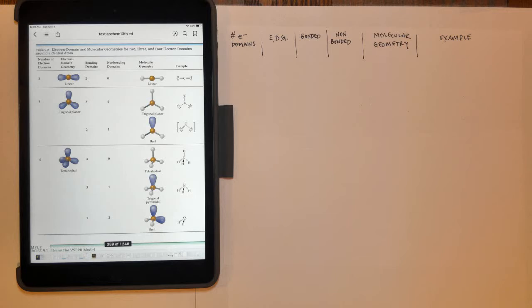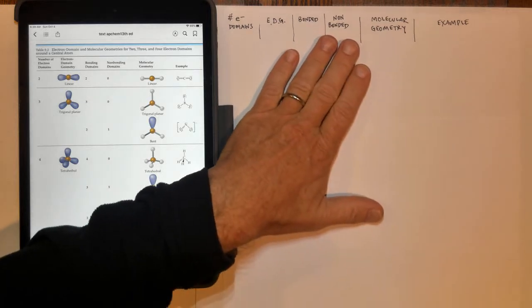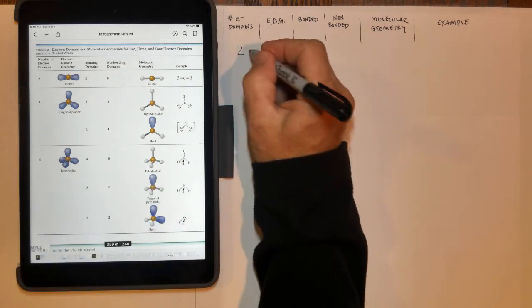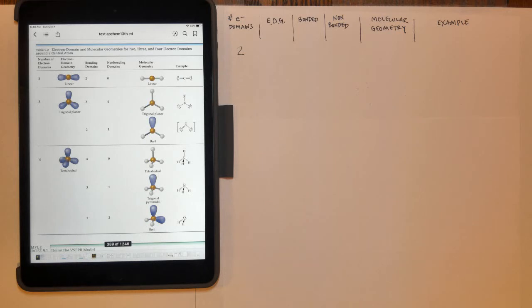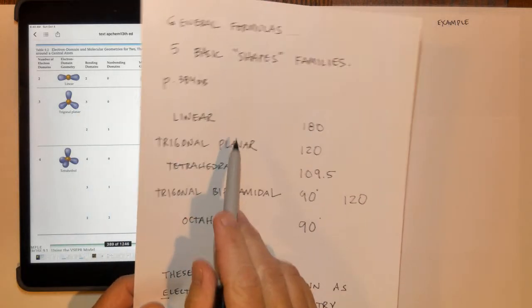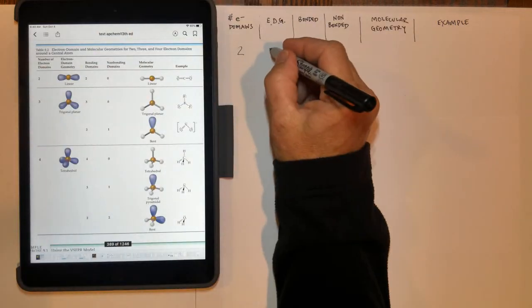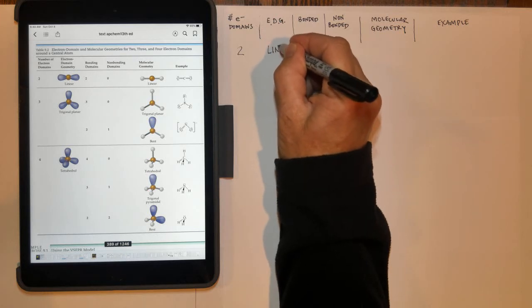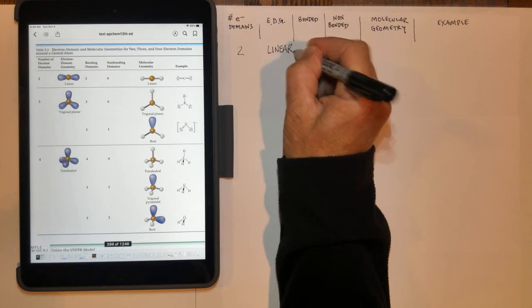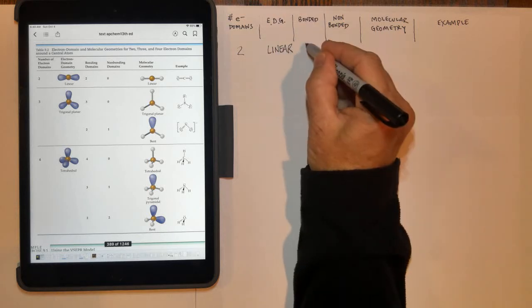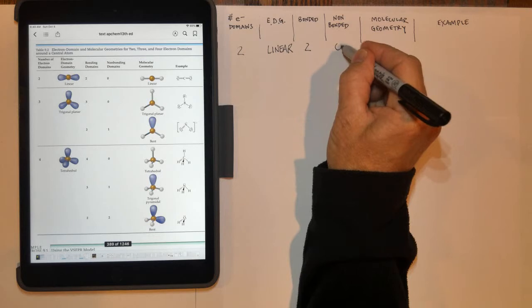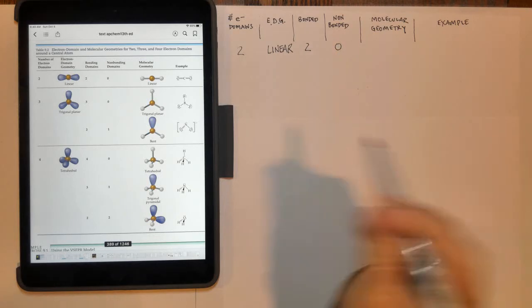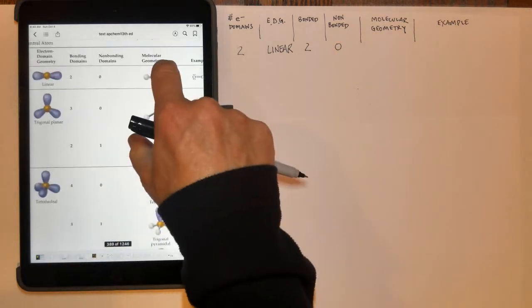Alright, so let's start with the family of 2 electron domains. So 2 electron domains would have the name that we learned last time called linear right here. And the electron domain geometry has 2 bonded domains and 0 non-bonded domains. It's going to look like this guy right here.